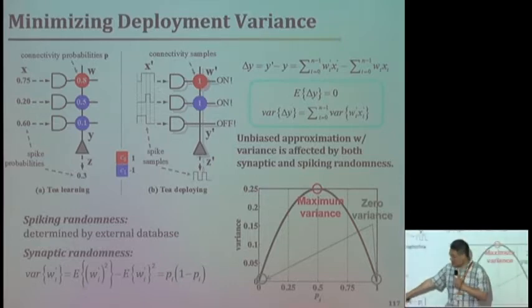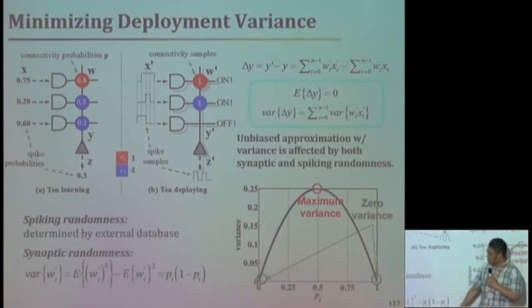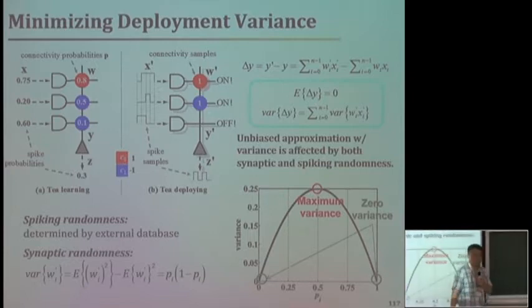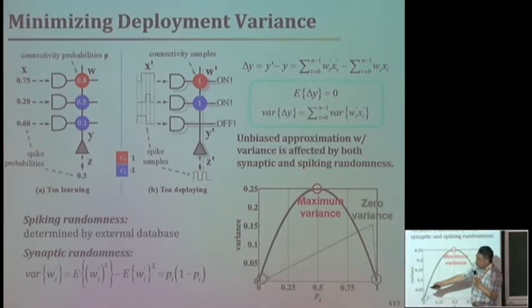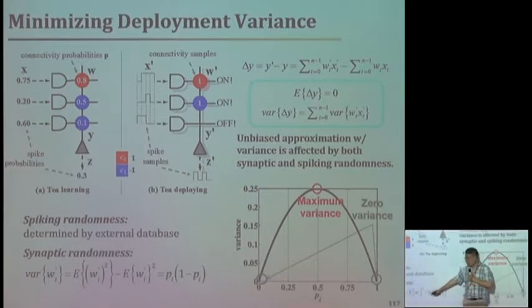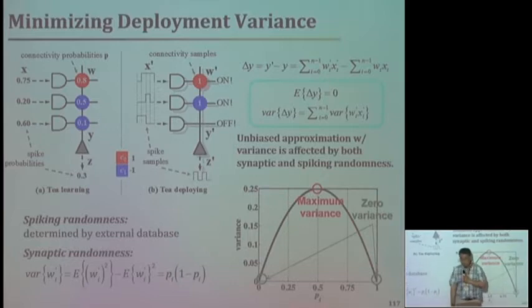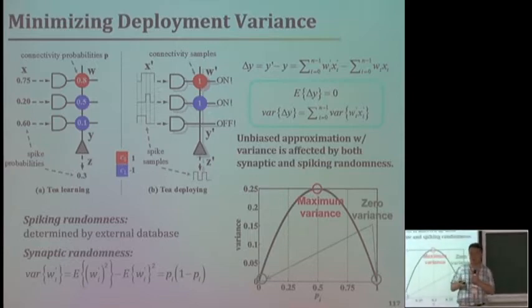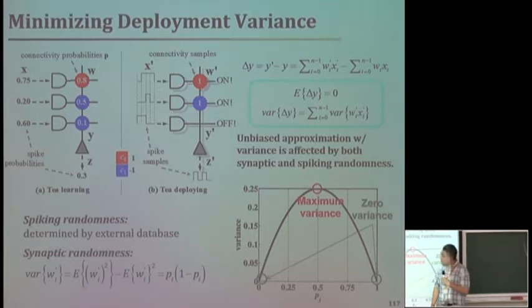For example, if I have wi' equal to 0.6, then the probability will be equal to 0.6. So we normalize as well. The final result is the variance of wi' equals the probability of turning on the weight times 1 minus this probability. And then the probability can be considered as the normalized floating point weight.